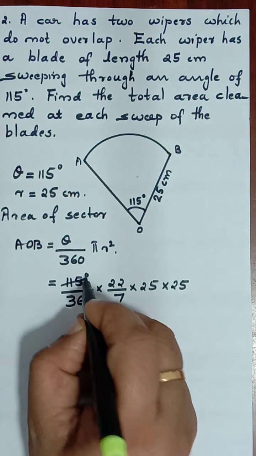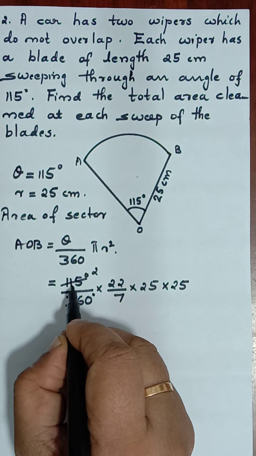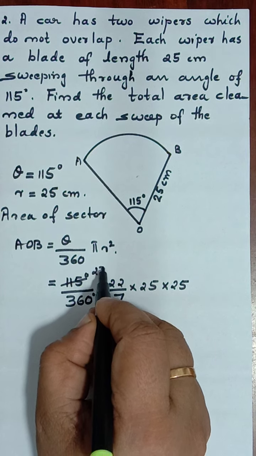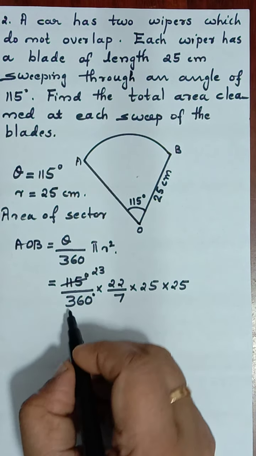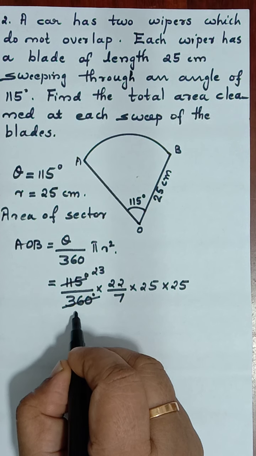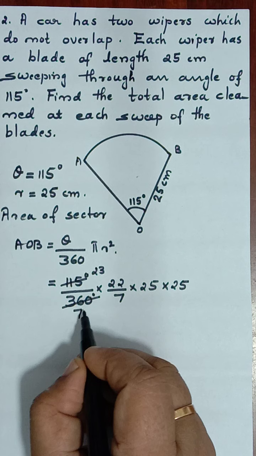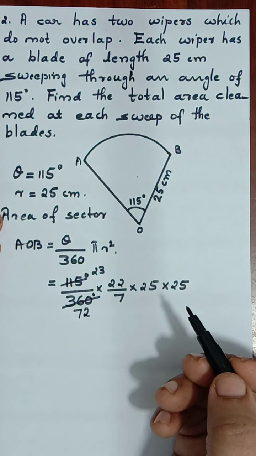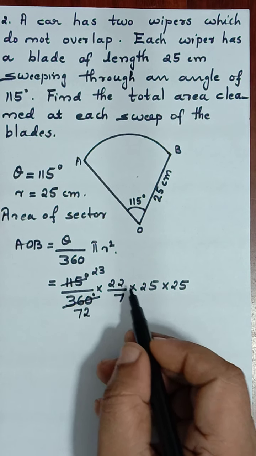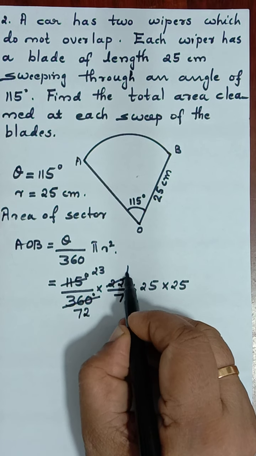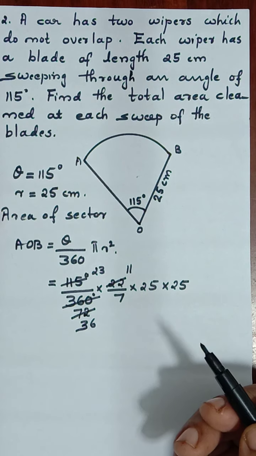By 5 we can cancel. 5 2s are 10, remainder 1, 15. 3 5s are 15, 23 you are getting. Here 360 by 5, 7 5s are 35, then comes 10, 2 times 72. Then 72 with this even number you can cancel. By 2 we are getting 11. Here we are getting 36 dividing by 2.